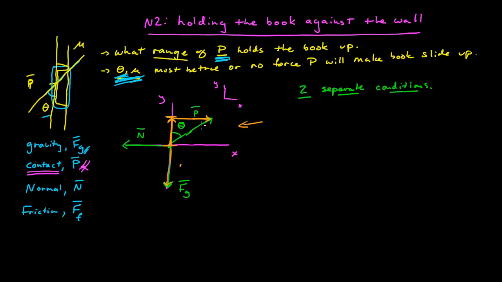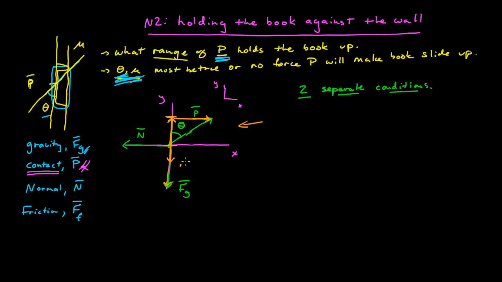If the magnitude is any less, then the book wants to fall, and the frictional force helps keep it up. If the pushing force is any larger, then the frictional force is down to help prevent the book from sliding up.